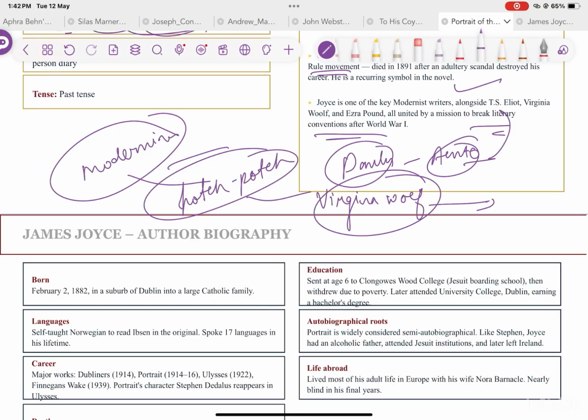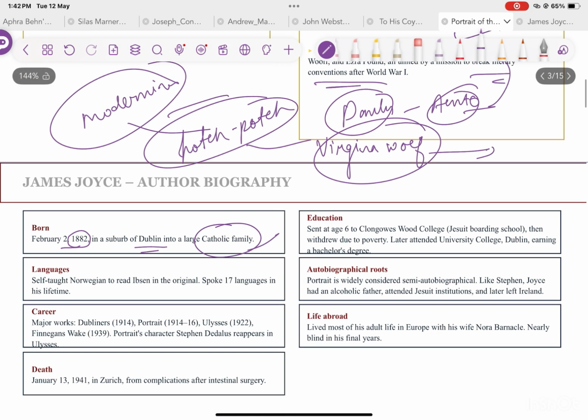So now we talk about the biography of James Joyce. He was born in February 1882 in a suburb of Dublin, in a Catholic family. Henrik Ibsen is a Norwegian playwright, The Doll's House, you might be knowing about it.